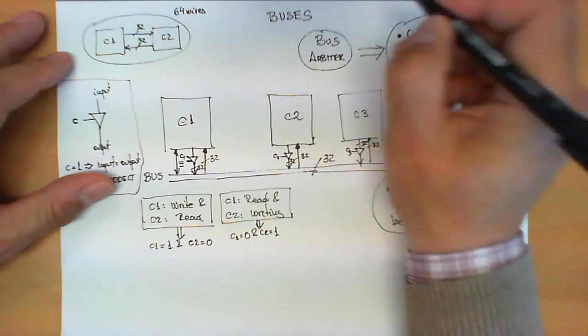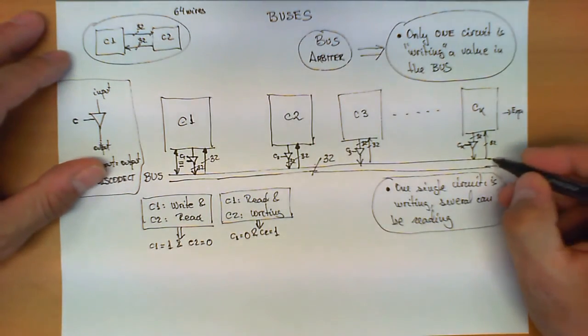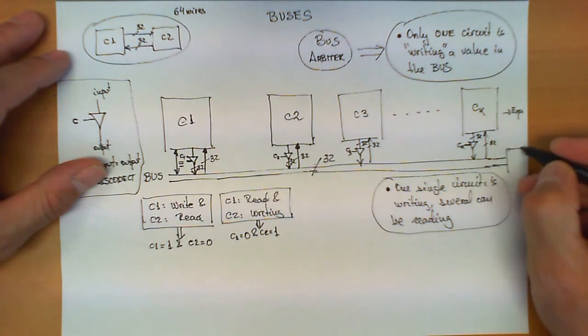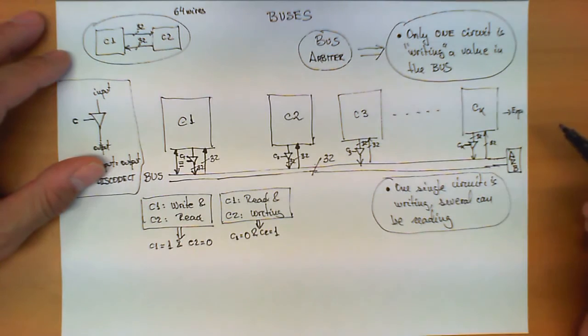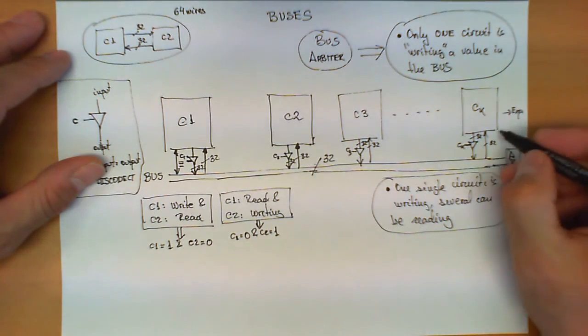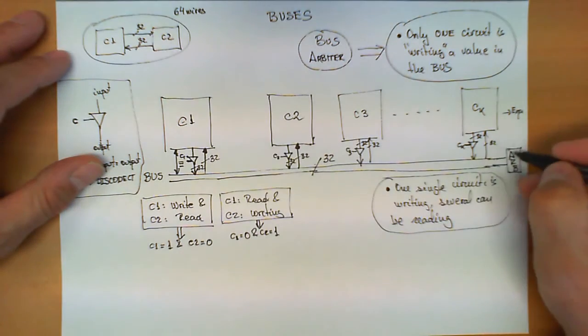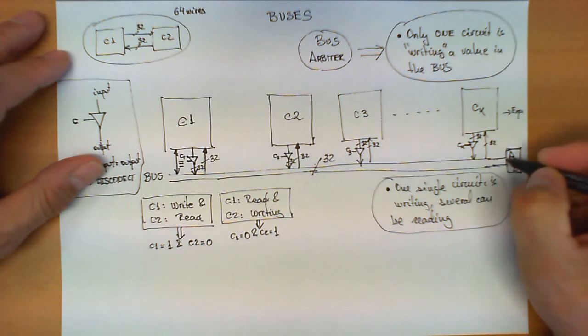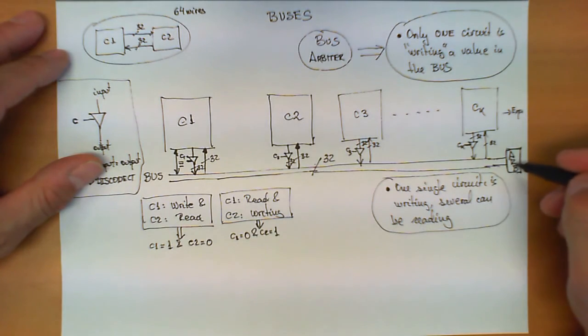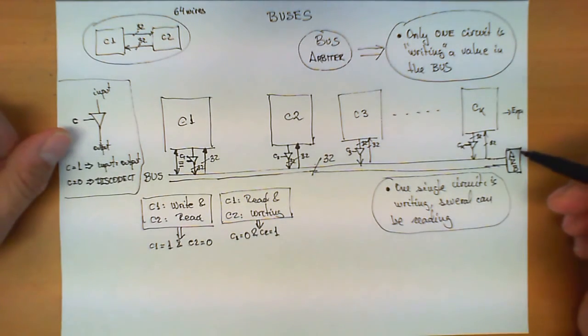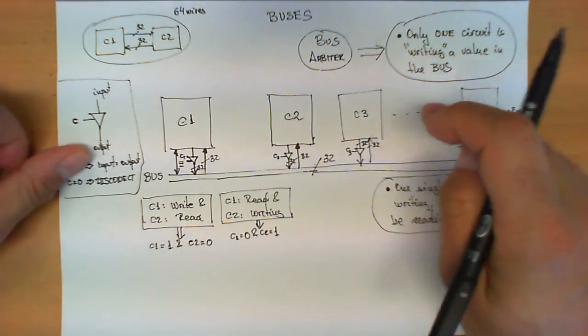The bus arbiter is typically a circuit that controls the entire bus, and all the circuits connected to the bus have to talk to it and request permission to write on the bus.